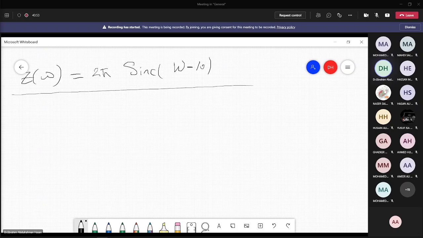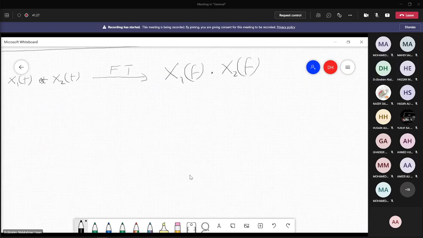Okay, so for convolution, we said that if we have x1 of t convolved with x2 of t, then the Fourier transform of this is equal to x1 of f multiplied by x2 of f. Similarly, x1 of omega multiplied by x2 of omega.